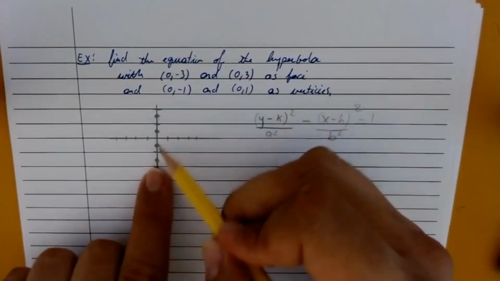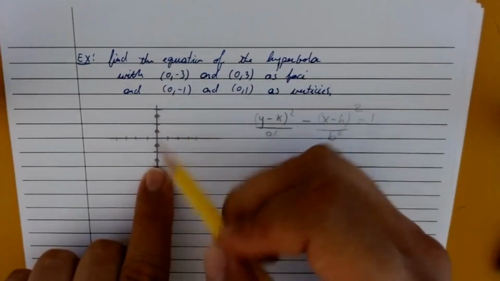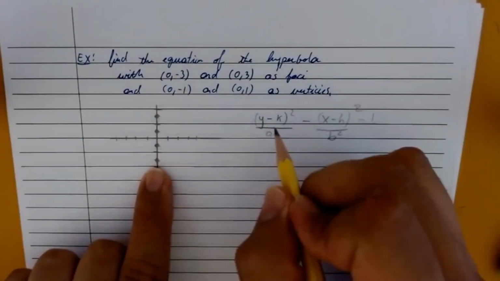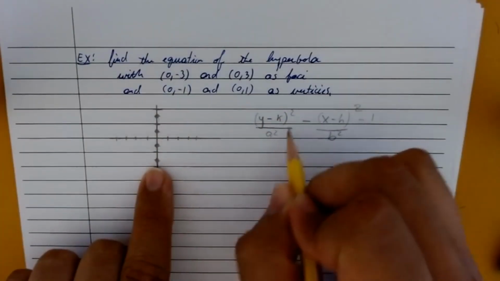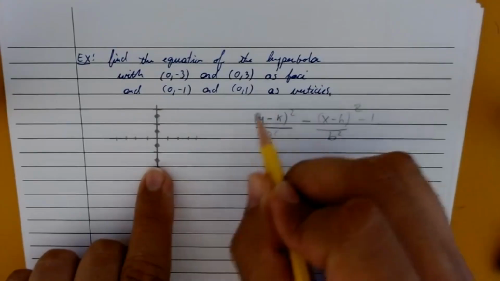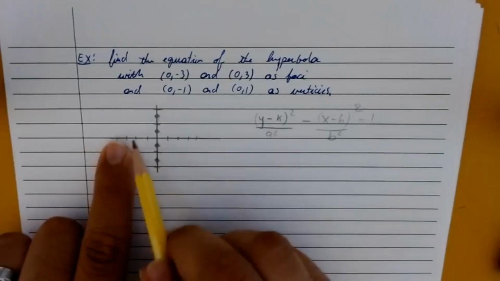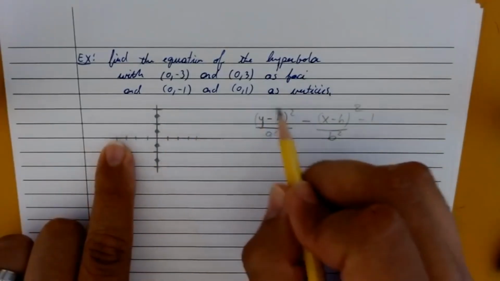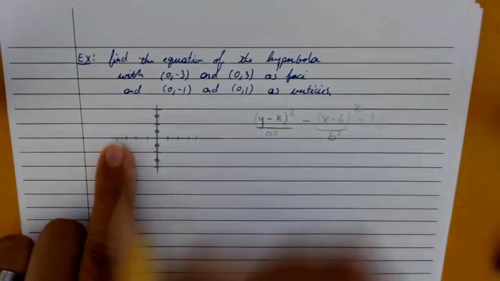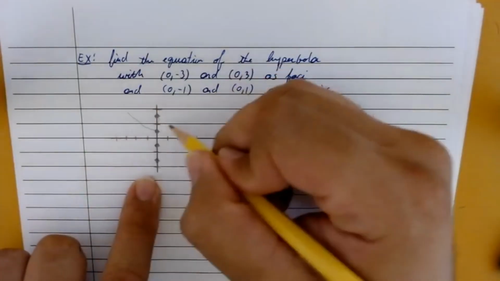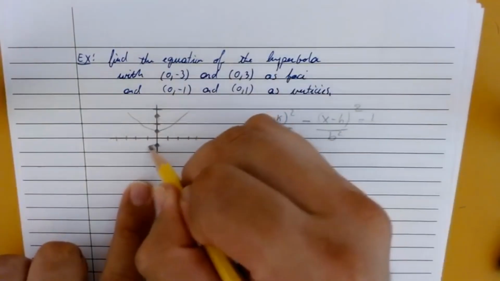Because remember, if your transverse axis is vertical, parallel to the y-axis, the y is the variable of the numerator of the positive term. However, if your transverse axis is horizontal, parallel to the x-axis, then your x would have been here instead of your y. Okay, we know that our hyperbola will look something like this.